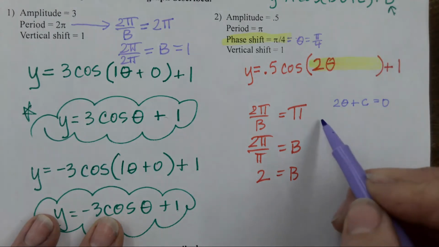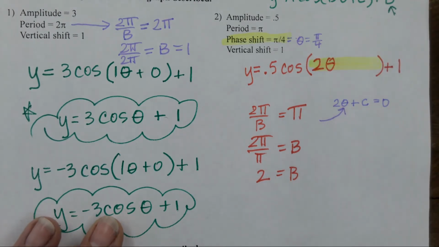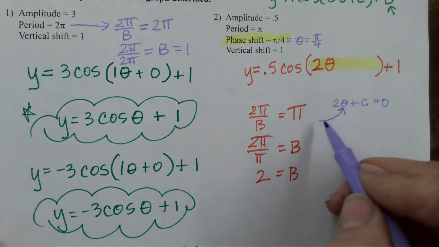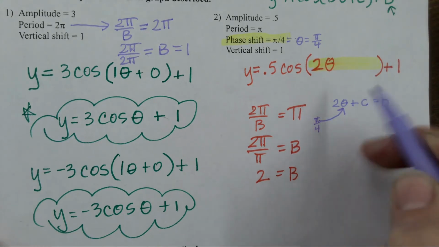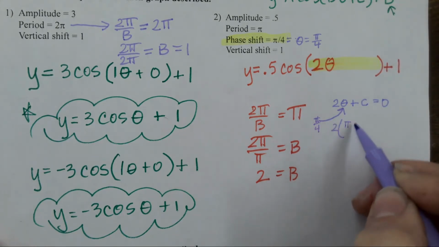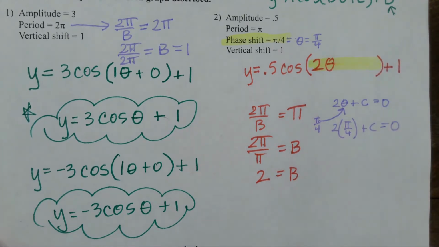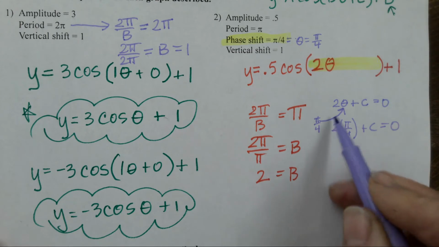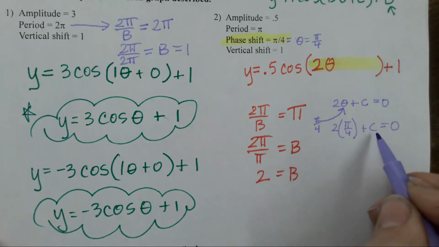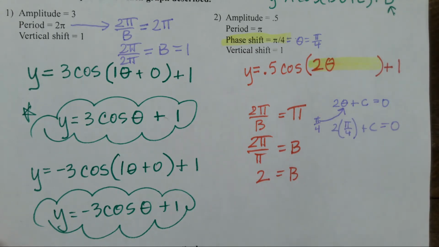So I'm going to stick that in here and use that to find my C. Are you okay with that? So pi over 4 is going to go in for theta. So 2 times pi over 4 plus C equals 0. Multiply that through. I'm going to solve for C. C is the unknown that I want.